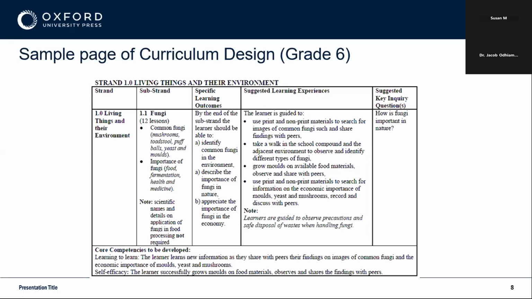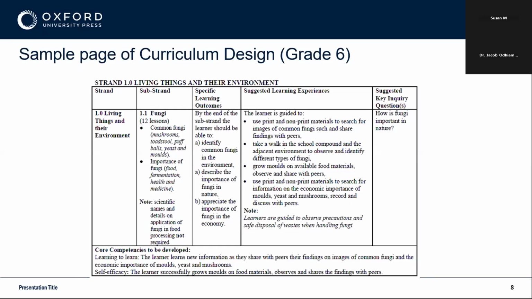So you can see now we have living things and the environment as the strand, and the substrand there is fungi. And the number of lessons is also given, 12 lessons, to guide the teacher. So if you find that this substrand, fungi, you are teaching in maybe 10 lessons, then there's something missing.